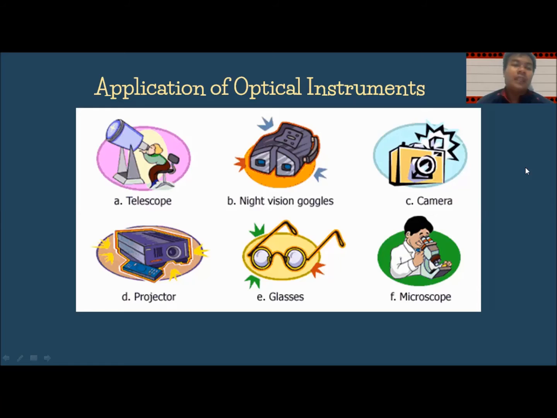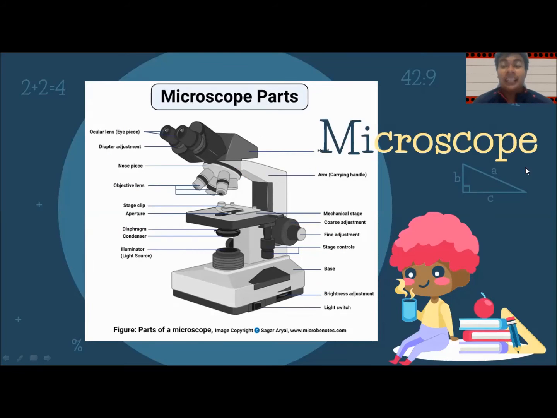Here are examples of applications of optical instruments: telescopes, night vision goggles, cameras, projectors, glasses, and microscope. Right now, I will tell you about the microscope.